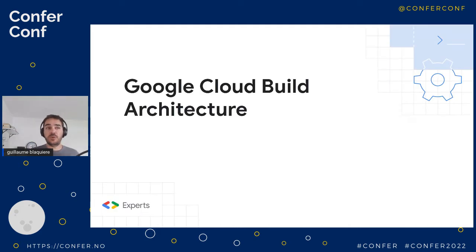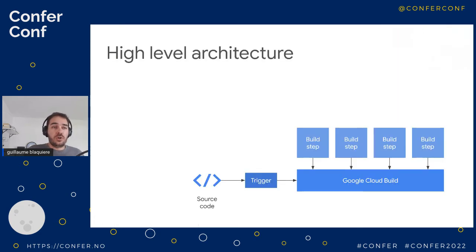Now we can go deeper into the Cloud Build architecture and understand what happens. First one, it's the global architecture. It's not exceptional. In fact, you have your source code on one side. When something happens on your source code, you have a trigger, an event, and this event will trigger a Cloud Build pipeline. What's a pipeline?